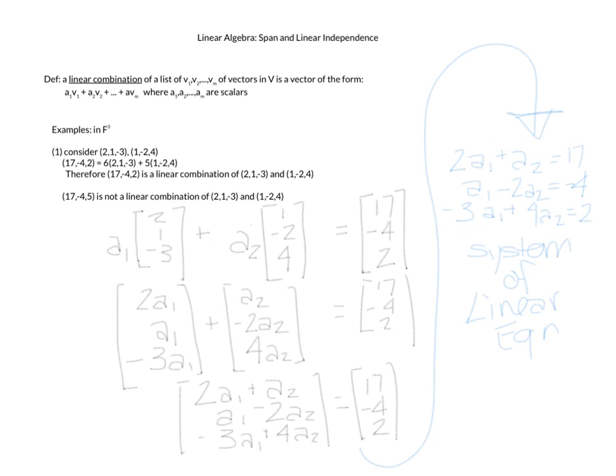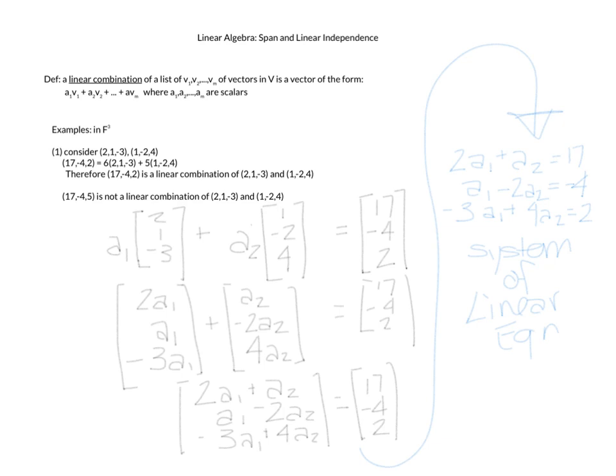So the two views that you want to keep in mind when you see these vector equations are, first, they can represent stretching or contracting different vectors and then adding them together to make a third vector. And second, you can think of this equation as representing a system of linear equations.